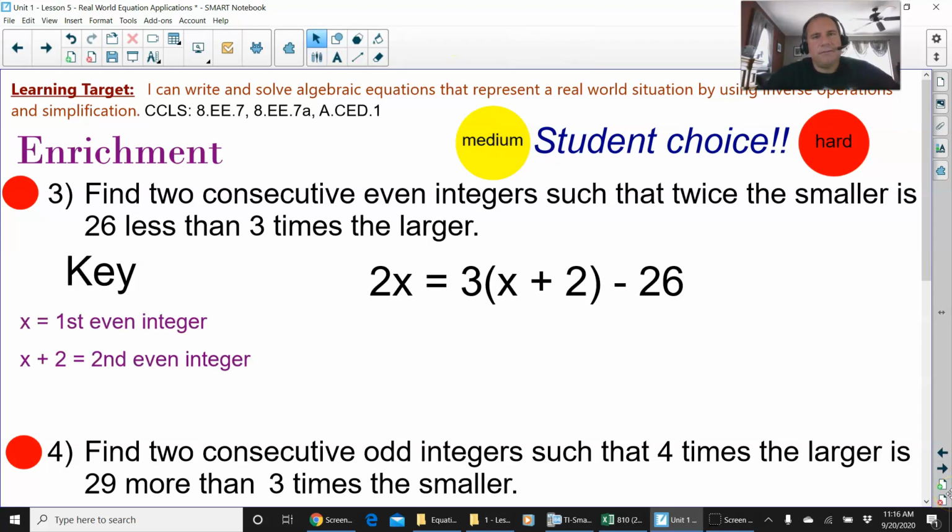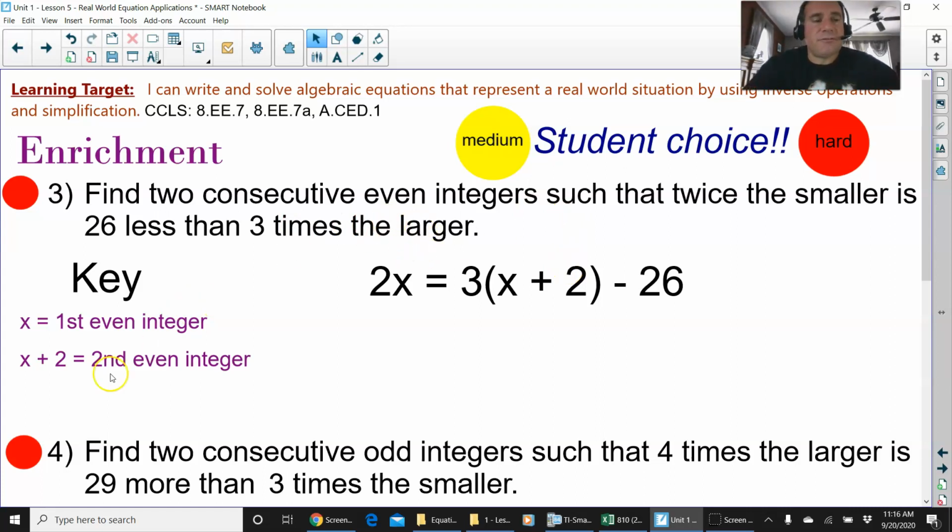Okay, very confusing, very difficult. So find two consecutive even integers. First off, the key, right? Two consecutive even integers, x equals the first, x plus 2 equals the second. Now, this is where it gets a little bit difficult, such that twice the smaller one, this is 2x now, is 26 less than 3 times the larger.